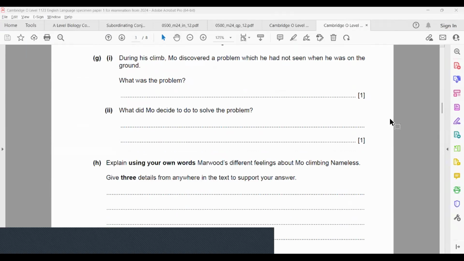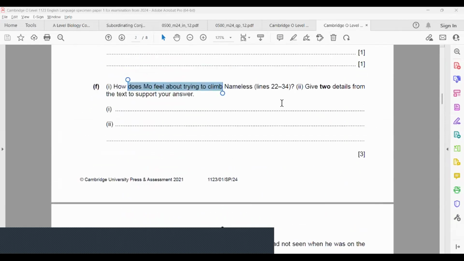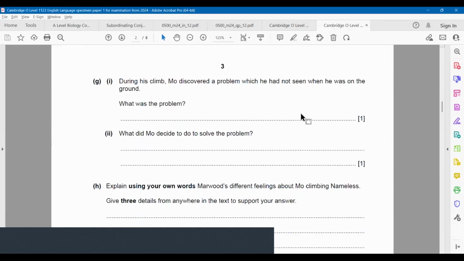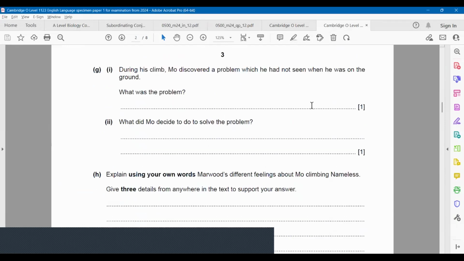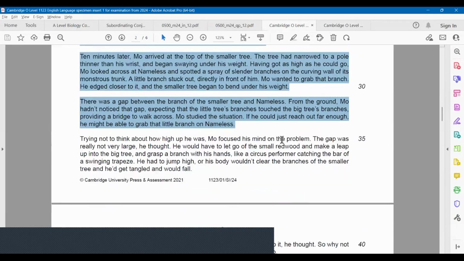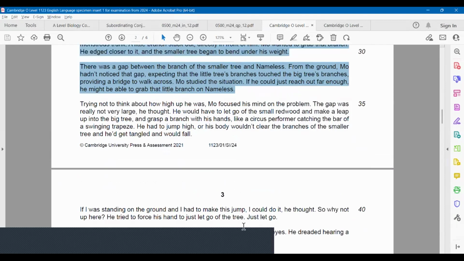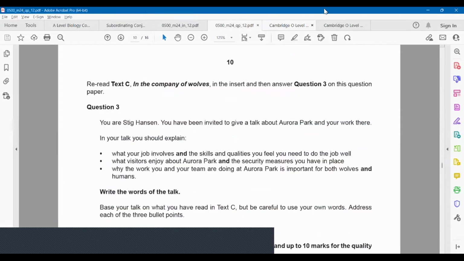And generally, the way the comprehension progresses is, as you can see, every question that follows is from a later part of the text than the previous one. So over here, they've given lines 22 to 34. In this question, they haven't given a line reference, so you can guess that it's maybe from right after line 34, or maybe some part over here, and then what follows.